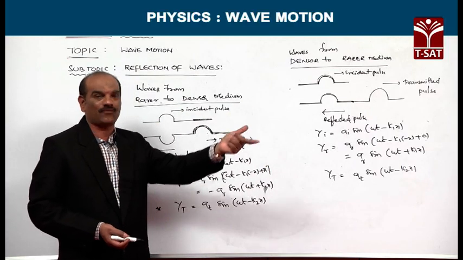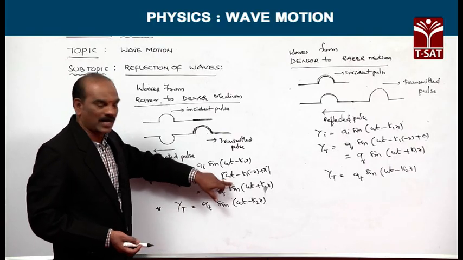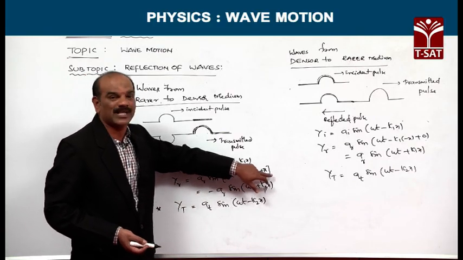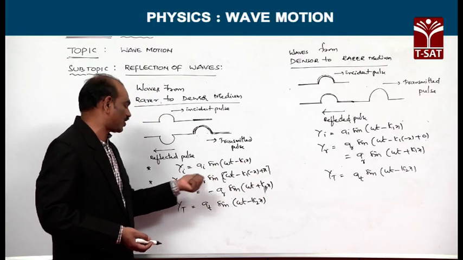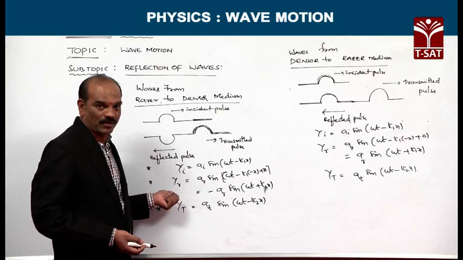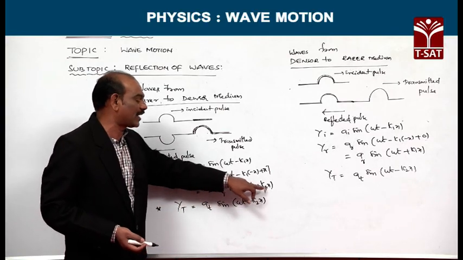Crest reflects as a trough, trough reflects as a crest. Therefore, Ar sin(omega t minus k1(minus x) plus pi). This is the displacement of the reflected wave after reflection. Therefore, Yr is equivalent to minus Ar sin(omega t plus k1x).